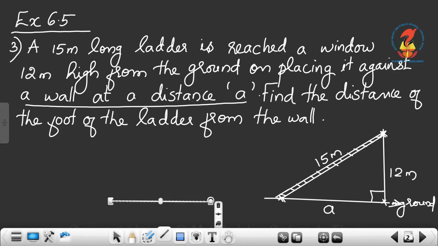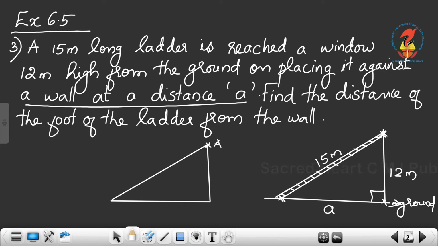Here we have the ground and we have the wall. Then a ladder is placed against the wall, and the top of the ladder reached a window at a height of 12 meters from the ground. Now let A denote the position of the window, where the top of the ladder reached.